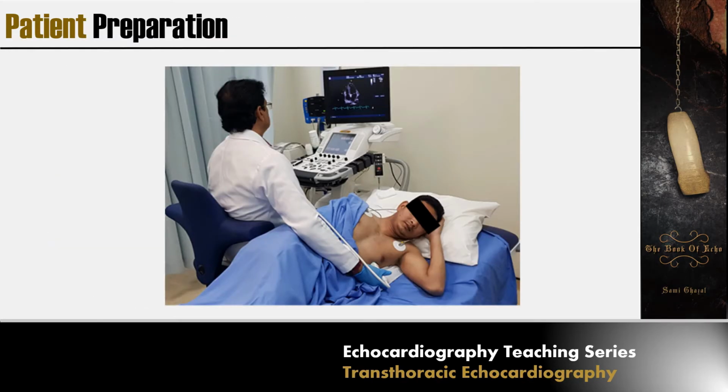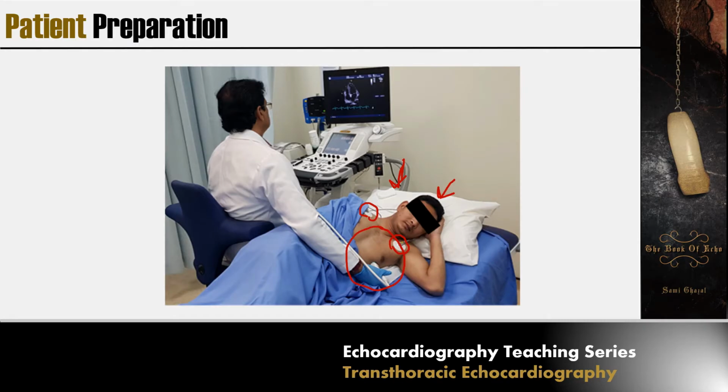So to properly prepare the patient, we will do the following. The patient will be in the left lateral position, like here. Also, he's supporting his head with his left hand. The ECG leads have to be placed in such a way that they will not interfere with the scanning area.